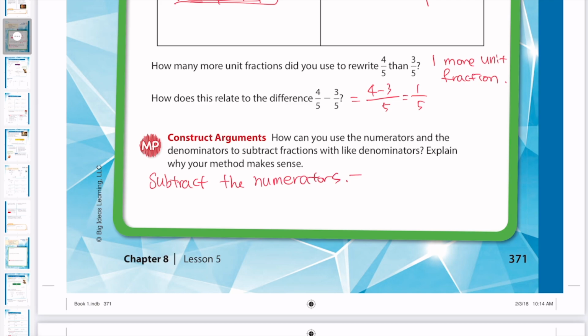And then the denominator stays the same.